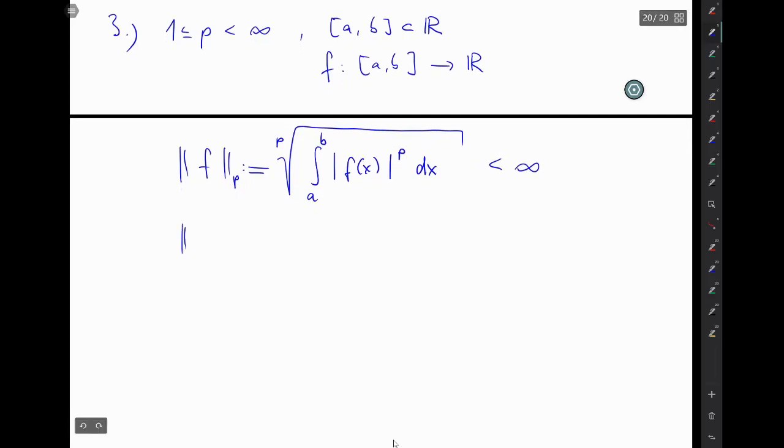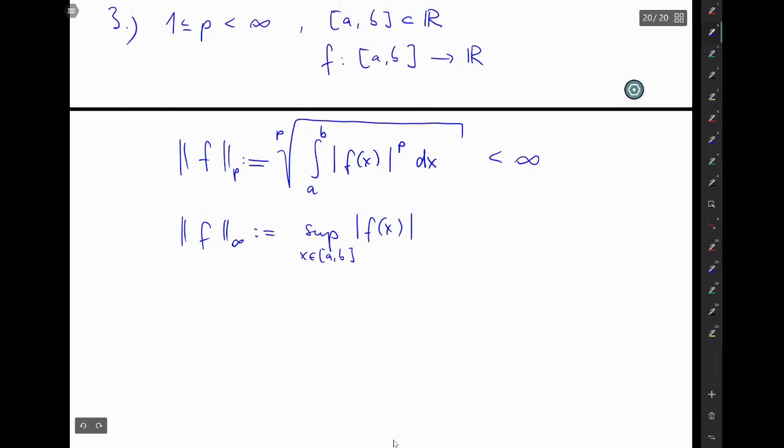In the same style, you would say that the infinity norm of such a function is just the supremum of its function values, modulus of the function values, when x is running through the interval from a to b.